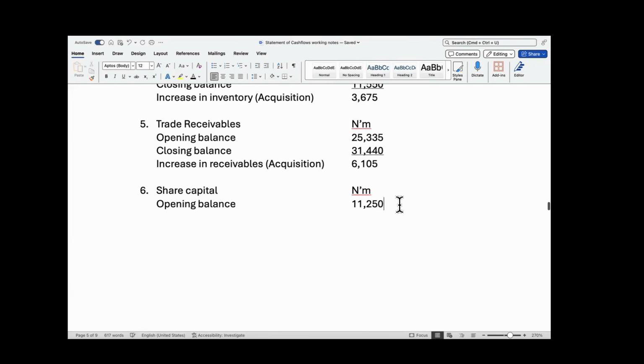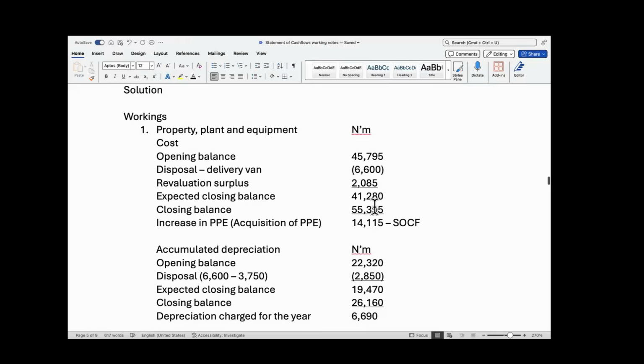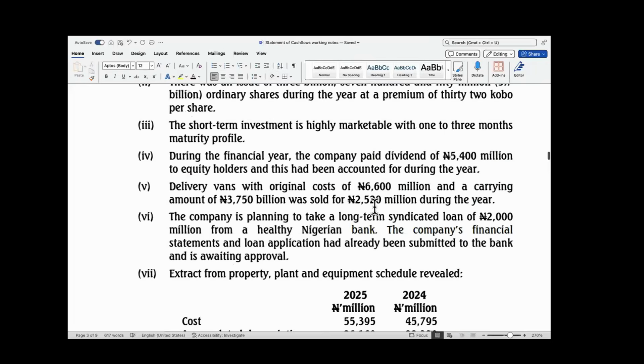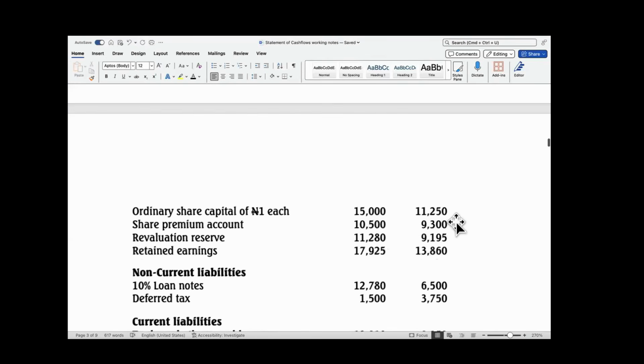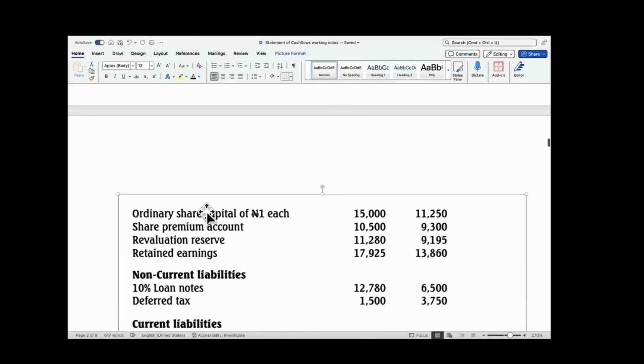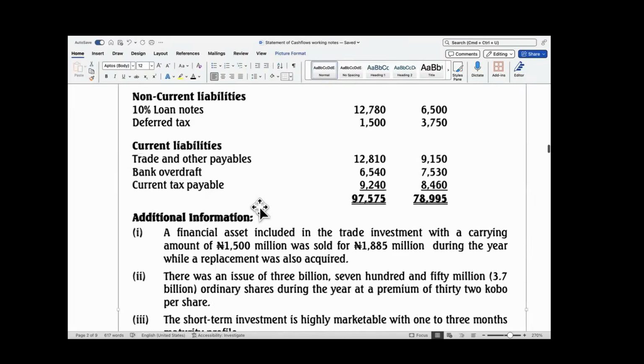So back to share capital. Did it tell us anything around share capital? Yes, in note 2, we're told that we issued some shares, 3750, and we issued it at a premium of 32 kobo. If you see the term here, ordinary share capital, it shows that the nominal value of this share capital is 1 naira.